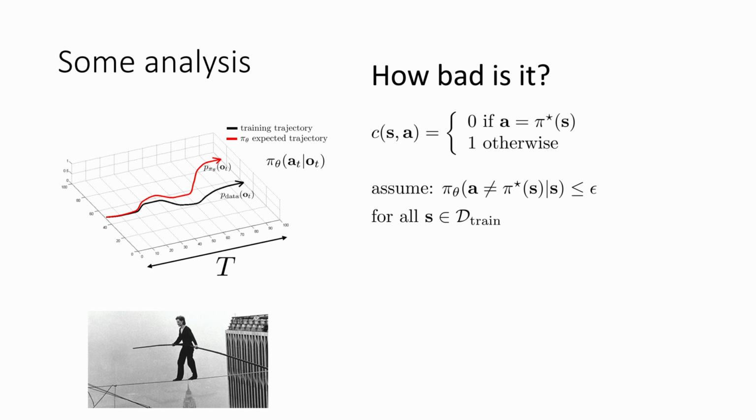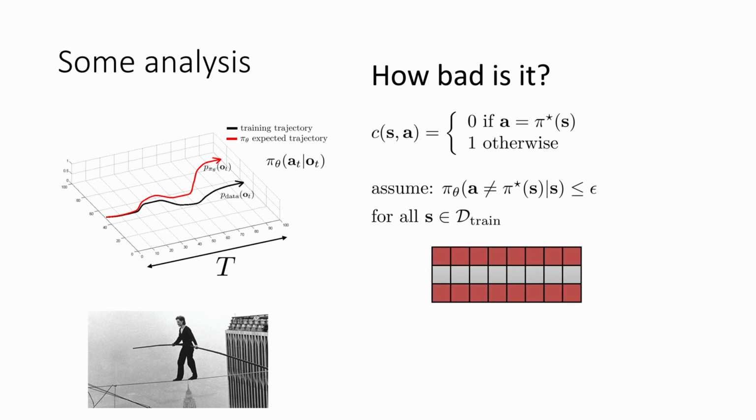Now, this guy doesn't like to fall off the tightrope for the obvious reasons. An imitation learning algorithm doesn't like falling off of a tightrope because when it falls off the tightrope, it incurs a loss. It incurs specifically this 0-1 loss because it doesn't know what to do when it's fallen off the tightrope. So here's the environment. This is a much cartoonier version of that tightrope walker.